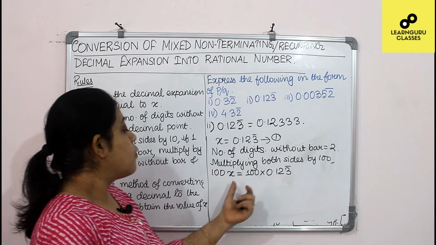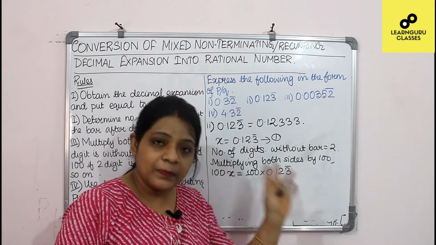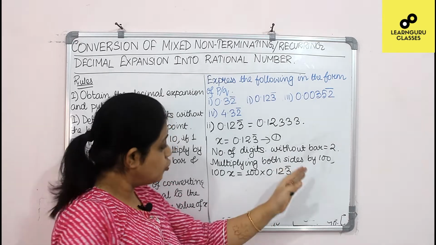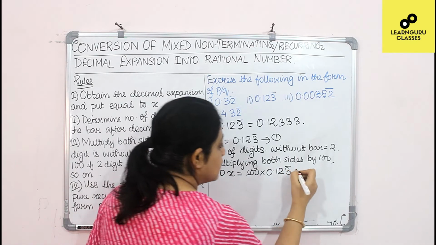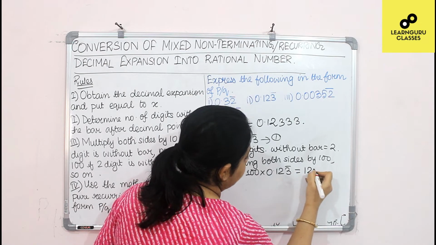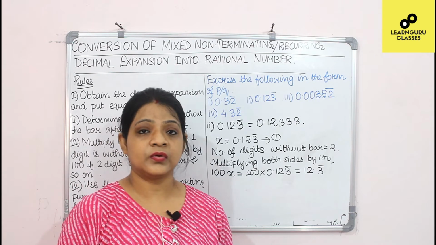When you multiply it with 100, 2 digits will be shifted before the decimal. So we can write 12.3 bar.